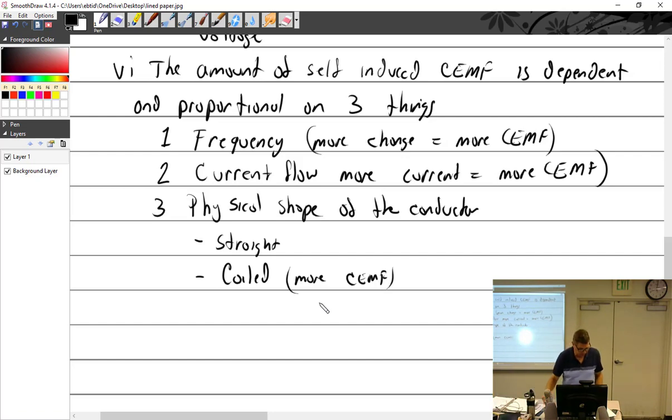So let's see, EMF, multiple points. Straight, I'll just put that negligible. Counter EMF and coiled, more EMF. If you have a bundle of straight wires running next to each other, would that affect each other?